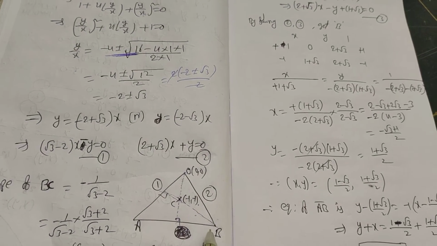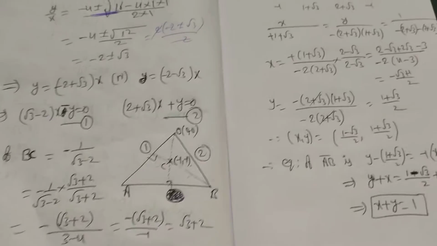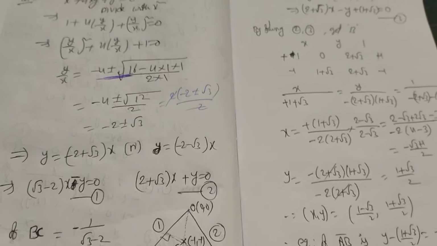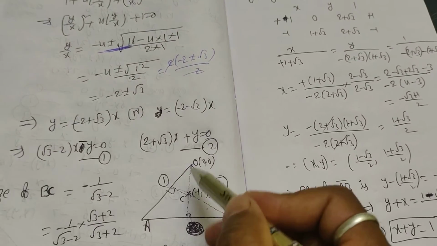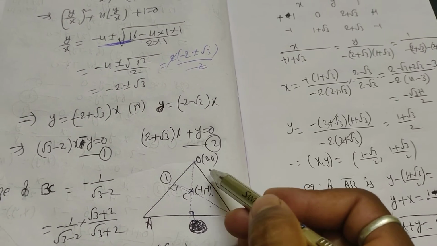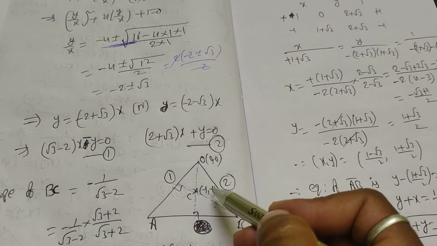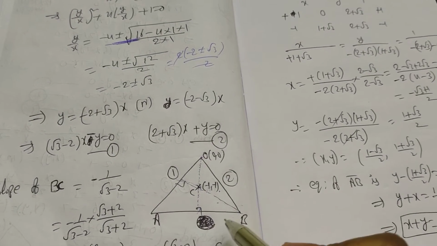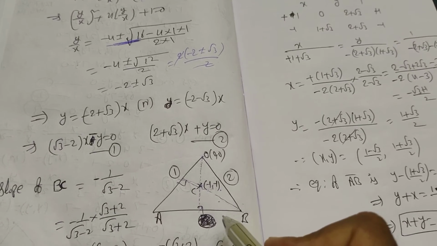To find the equation of AB, if you know one point and the slope, then you can find it. What is the slope of AB? AB is perpendicular to OC, very clear. The slope of OC is 1, because minus 1 by minus 1, y2 minus y1 by x2 minus x1, gives 1. So the slope of AB is minus 1 by 1, which means minus 1.